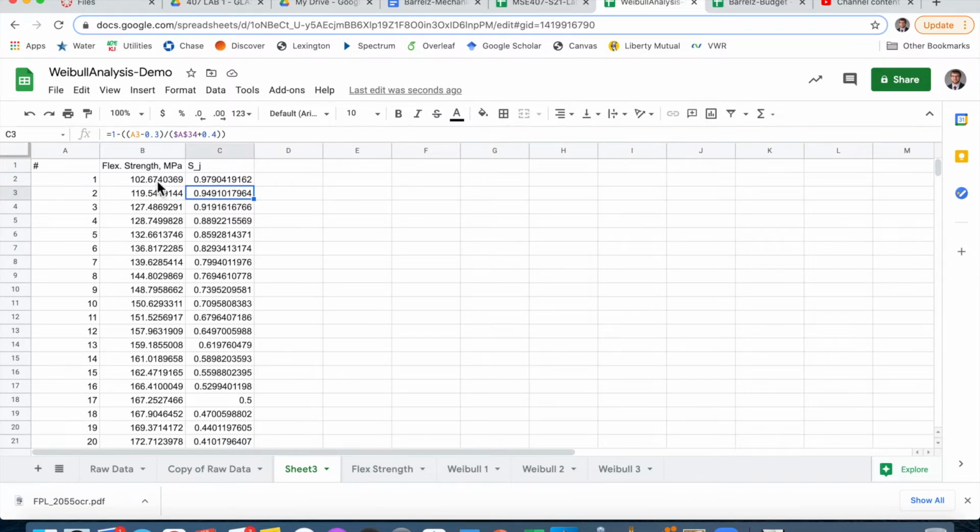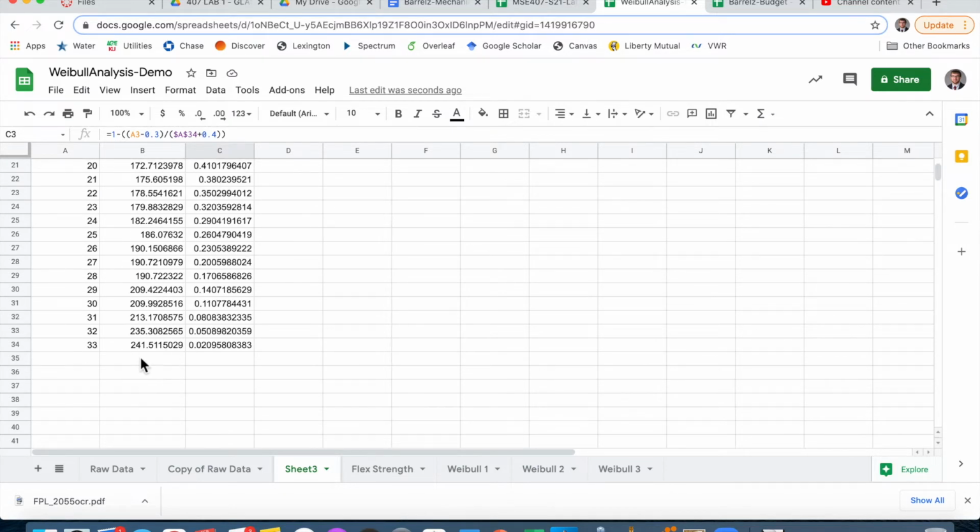So what it's saying is that if I have a stress value of 103, it's going to survive 98% of the time. If I have a value of 162, the probability goes down to 56, right? That's what it's telling us. So you should always keep that in mind. The lower the value, the higher the survival probability should be, and the higher the value, the lower this should be.